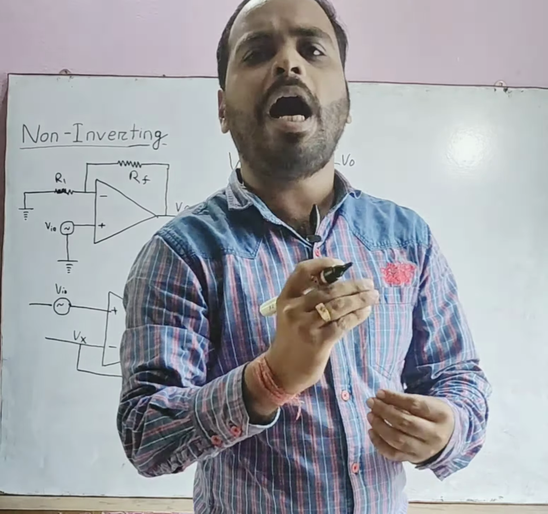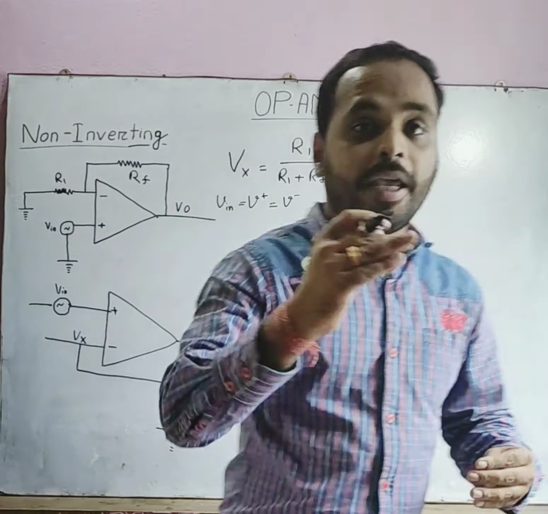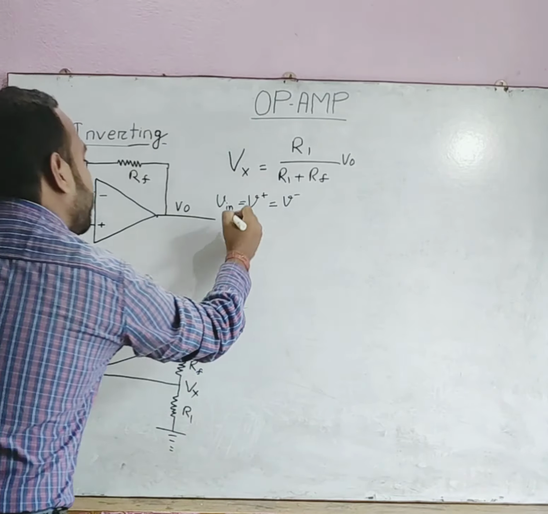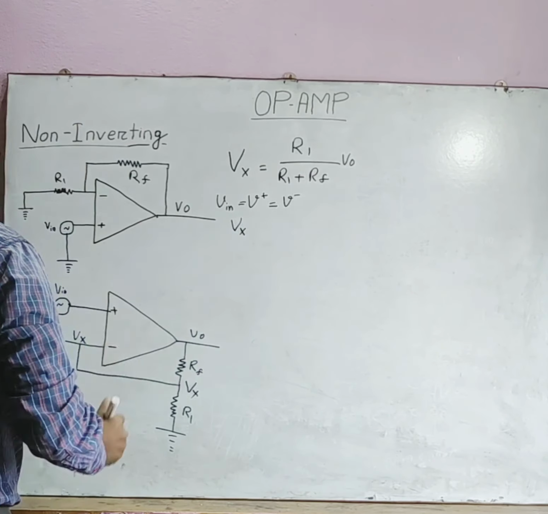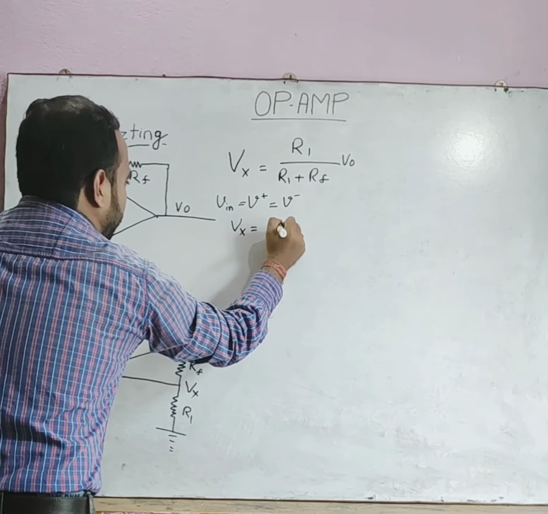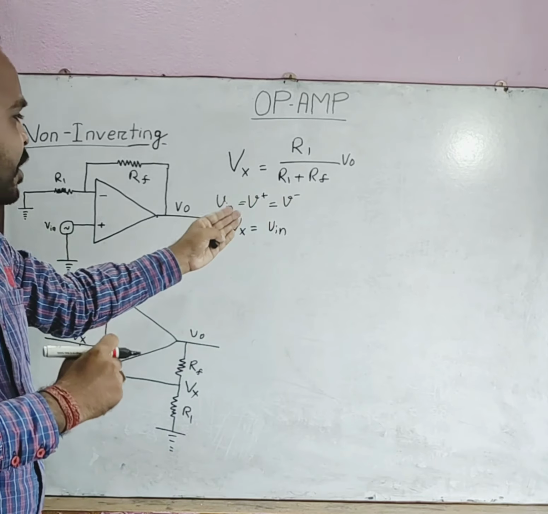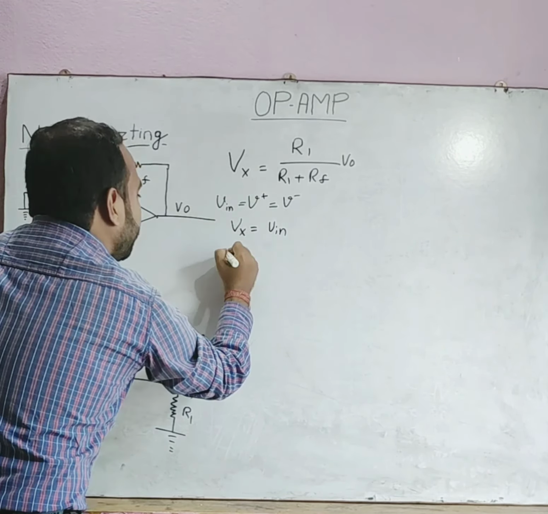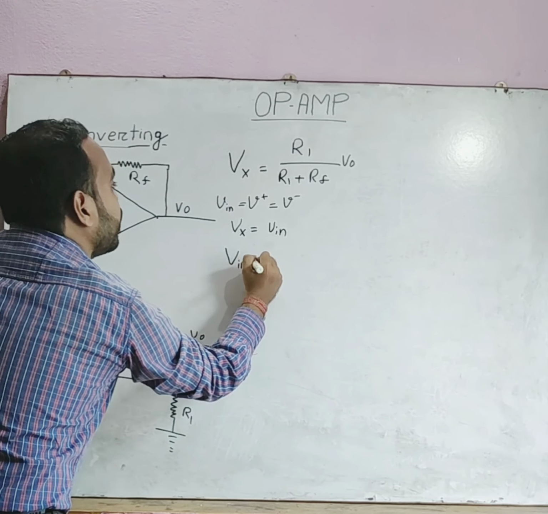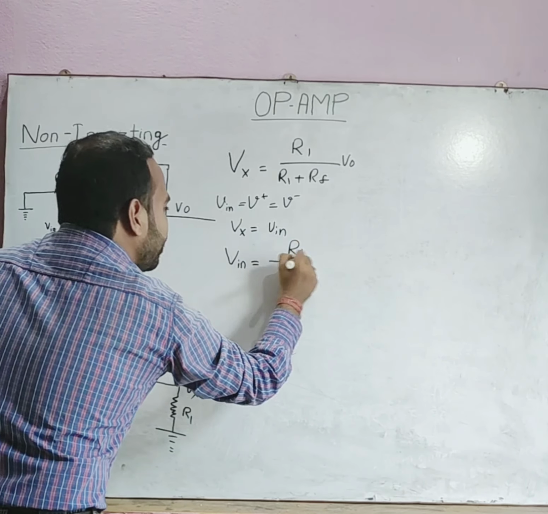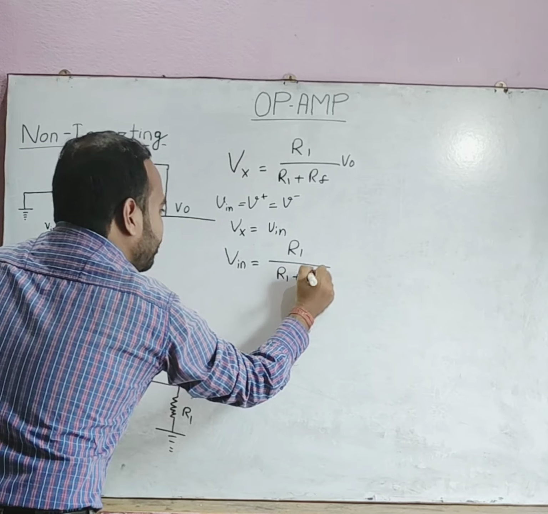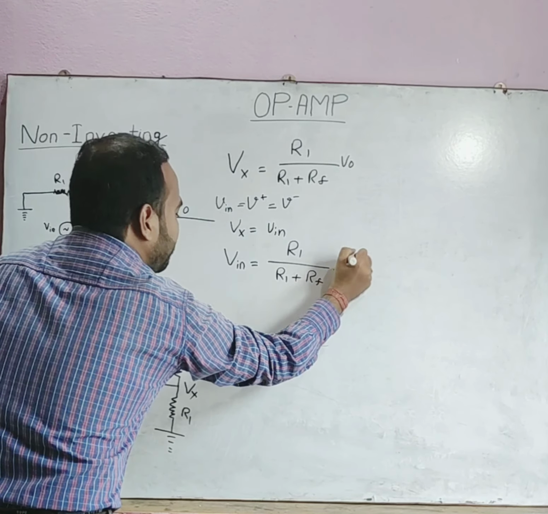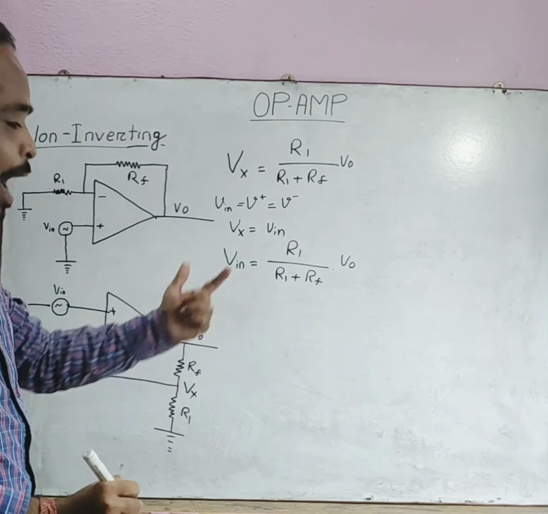So comparing the above conditions, we can now write that Vx is equal to V input. Now using this value in our equation, V input equals R1 divided by R1 plus Rf multiplied by V0.